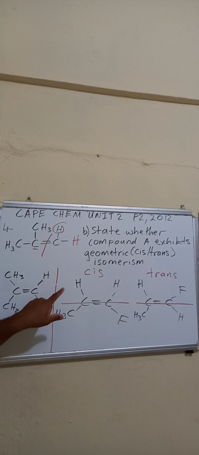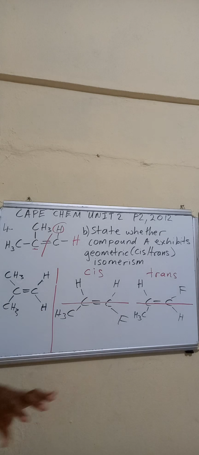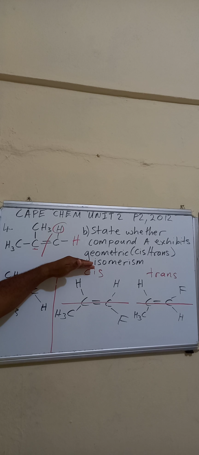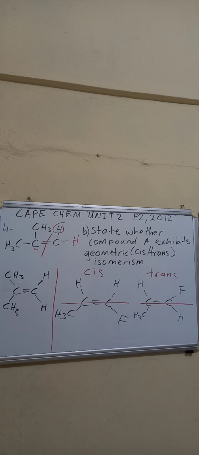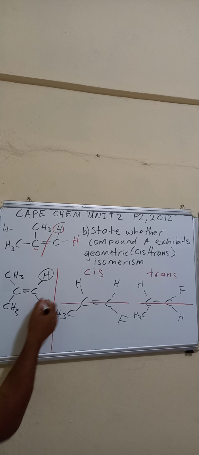So if you look, this is cis and trans because both carbon atoms have a group in common. In this case, it's hydrogen. So we can have the hydrogen on both sides or on opposite sides. So you get cis trans. But in this case, each carbon atom has the same groups attached. Alright, so this one has two hydrogens.